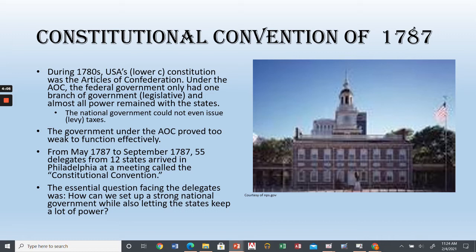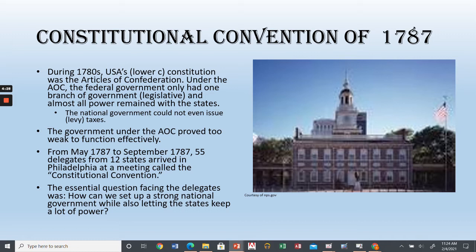So the people at the convention understood this, but who's not going to like creating a stronger federal government? Well, the states, obviously. If you have lots of power, you don't want to give it up and share it with someone, even if it's a good idea. So they understood that they couldn't take away all the power of the states, and many of them didn't even want to.